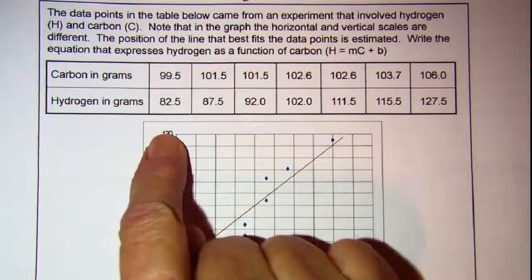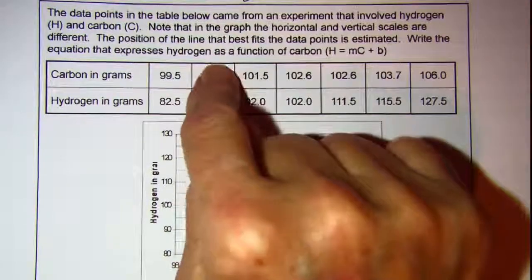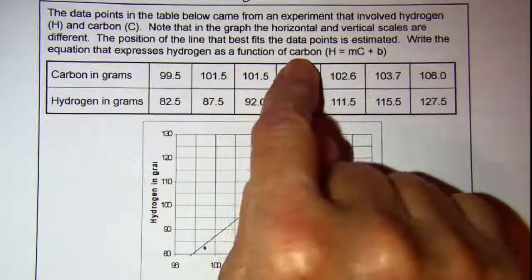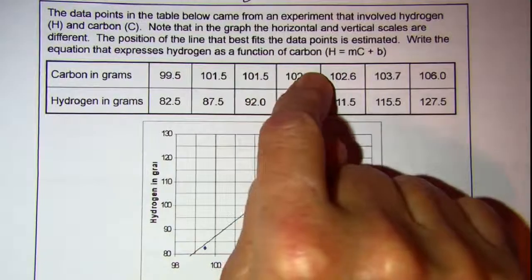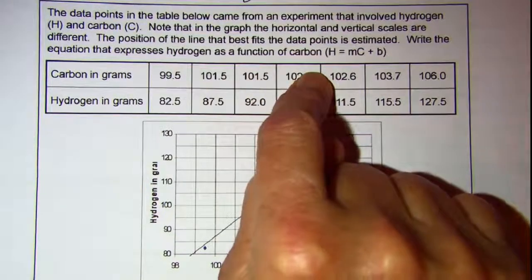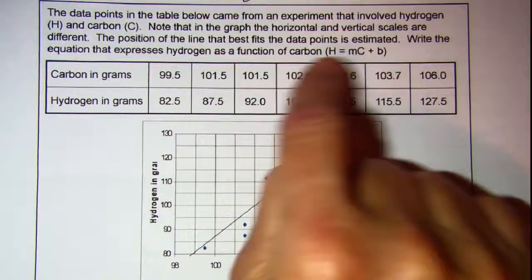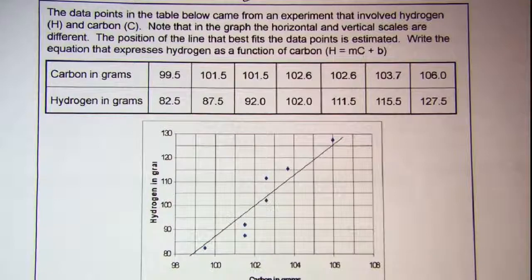So hydrogen is your vertical axis. And then you're expressing hydrogen as a function of carbon, so that means carbon is your independent variable. It'll be in the place of x in y equals mx plus b, and it'll be the horizontal axis.